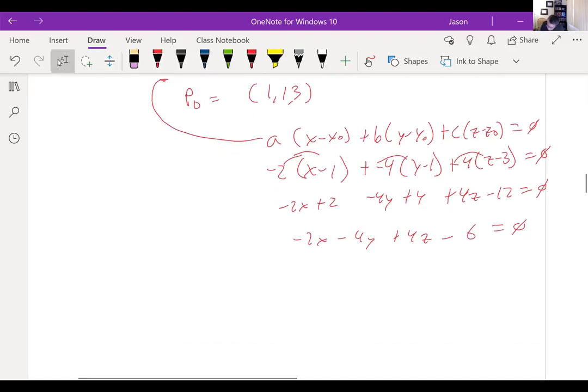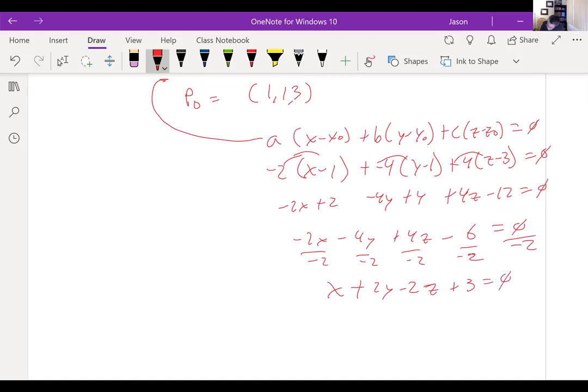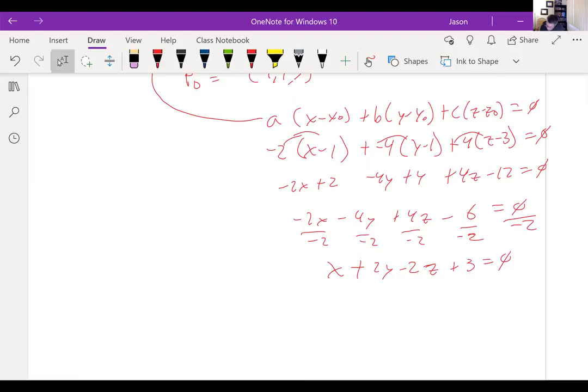I could divide everything through by negative 2, and now we get x plus 2y minus 2z plus 3 is equal to 0. You can keep the 3 on this side, or you could toss it to the other side. It really doesn't matter. x plus 2y minus 2z equal to negative 3.